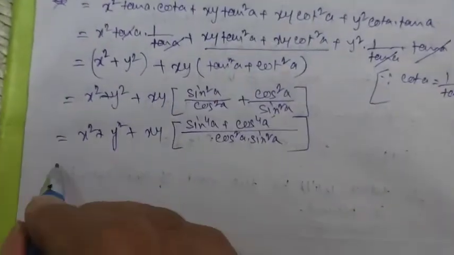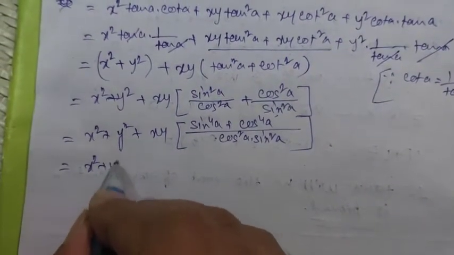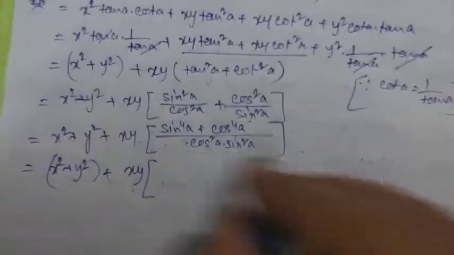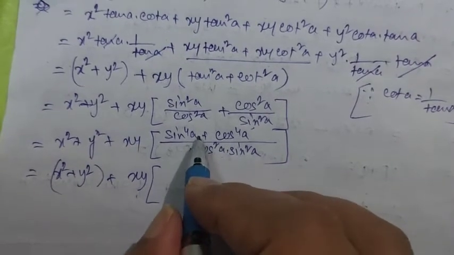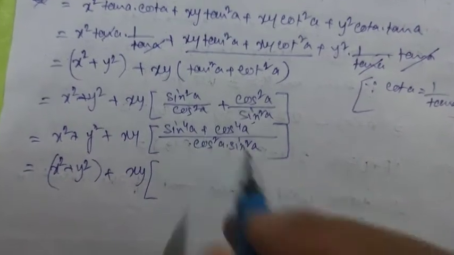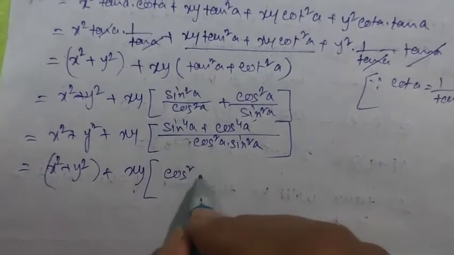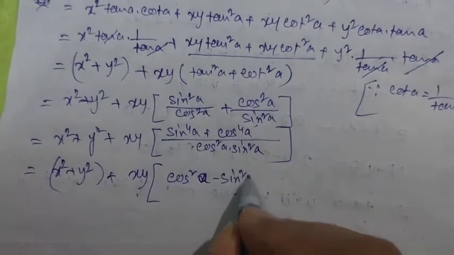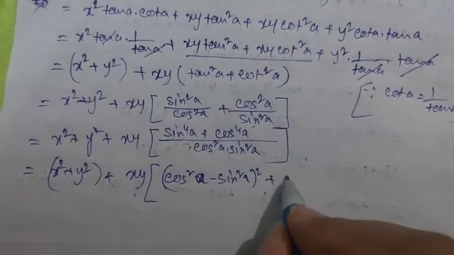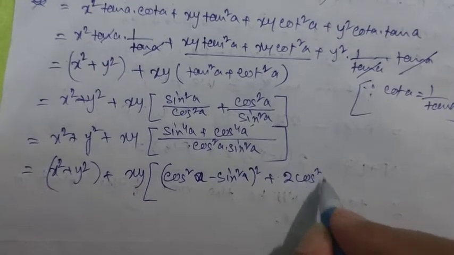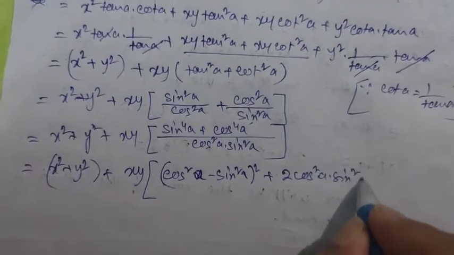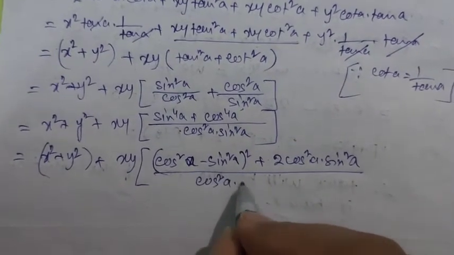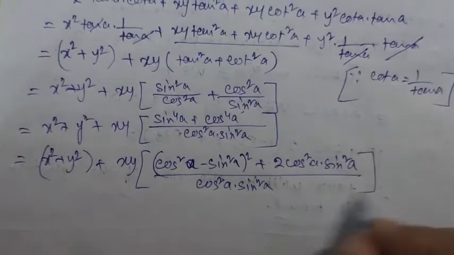Now next, x² + y² + xy. Now we will put it in the a² + b² formula. So here we can write (cos² a − sin² a)² + 2 cos² a sin² a, divided by cos² a sin² a.